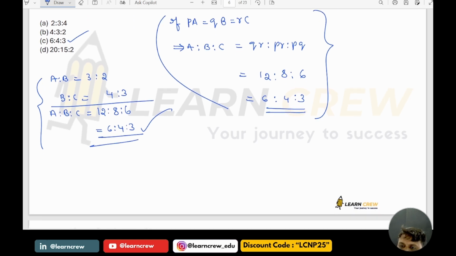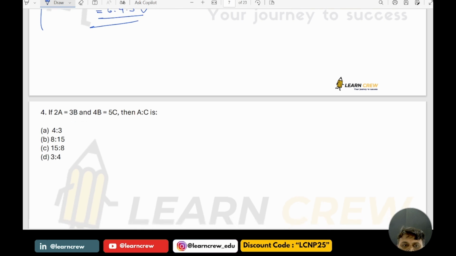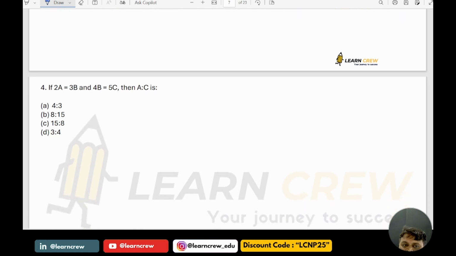So first be clear in the basics, foundation. Now 2A is equal to 3B, 4B is equal to 5C. Then what is A is to C? So here A by B, how much do you have? A by B is 3 by 2. And B by C is 5 by 4.